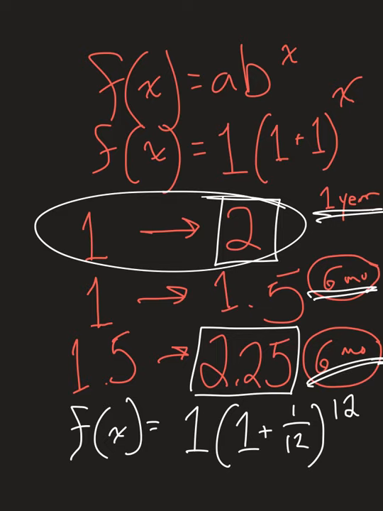Okay, so this function that you see in white at the bottom of the blackboard is a representation of compound interest for 100% interest being compounded monthly. And watch what happens when you actually do that. You get 2.69.